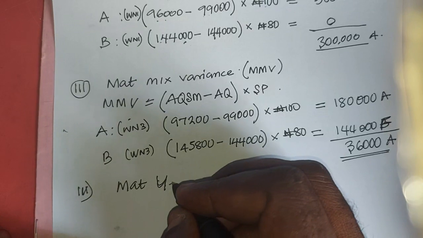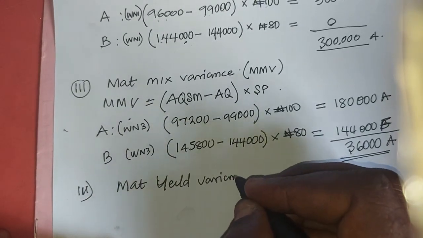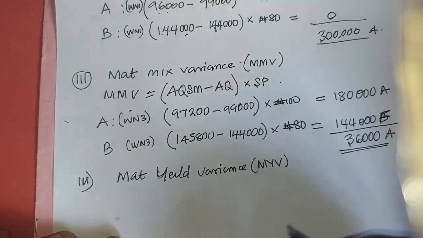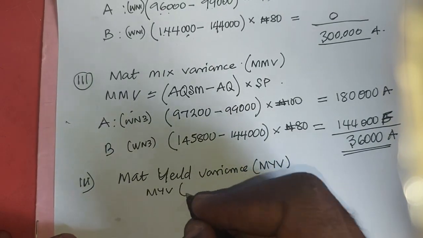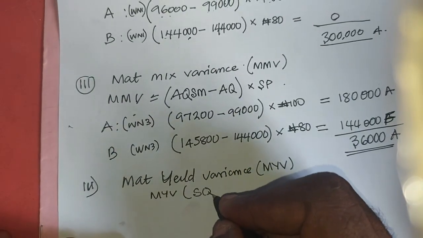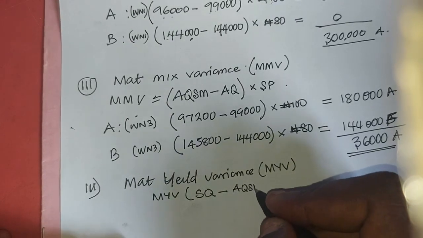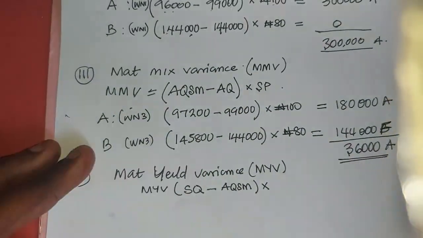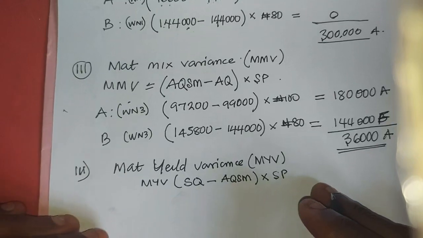material yield variance. That's material yield variance. The material yield variance is standard quantity minus actual quantity in standard mix, times the standard price.